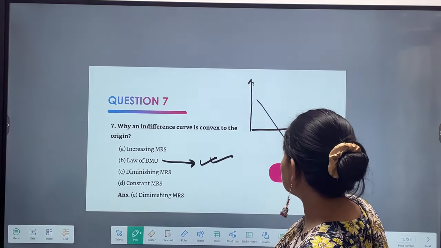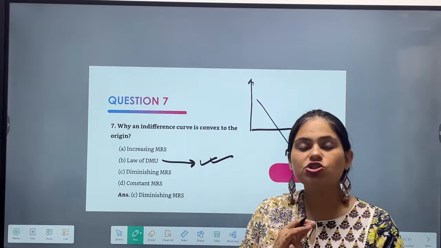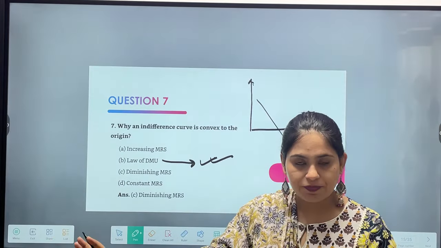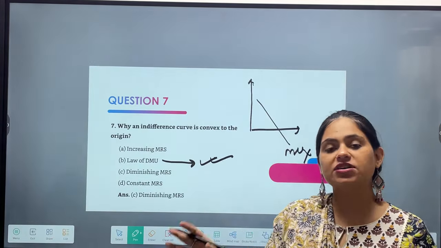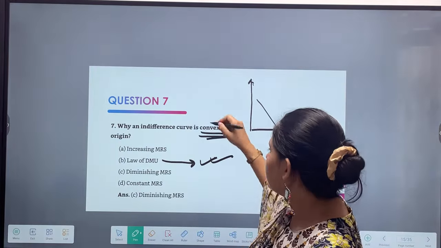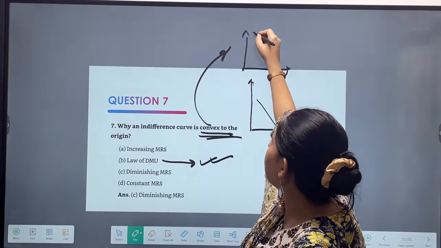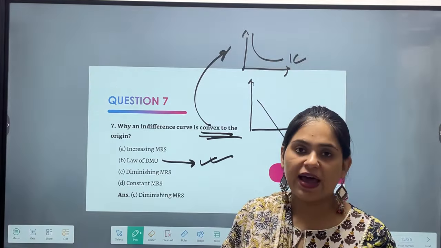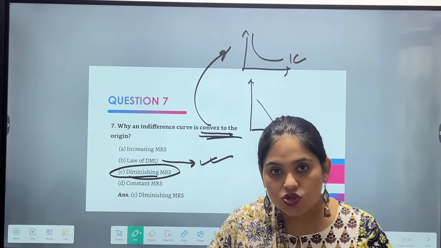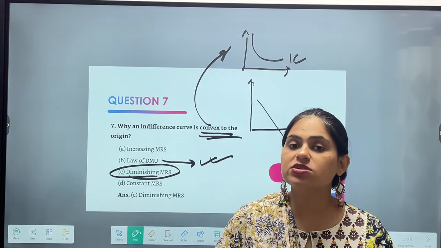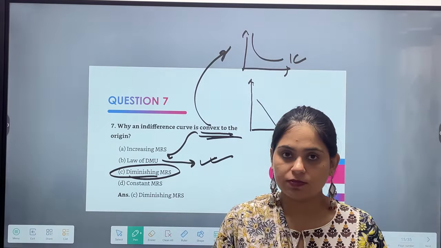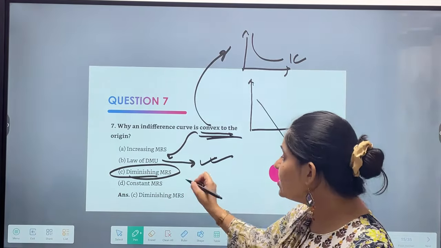It does not say anything about the slope of the indifference curve. The slope of the indifference curve is MRS. So if this is convex, it must be associated with the slope of my indifference curve, and that is diminishing MRS. So please don't say that this is convex because of the law of DMU. No. But why is MRS diminishing? That is due to the law of DMU.